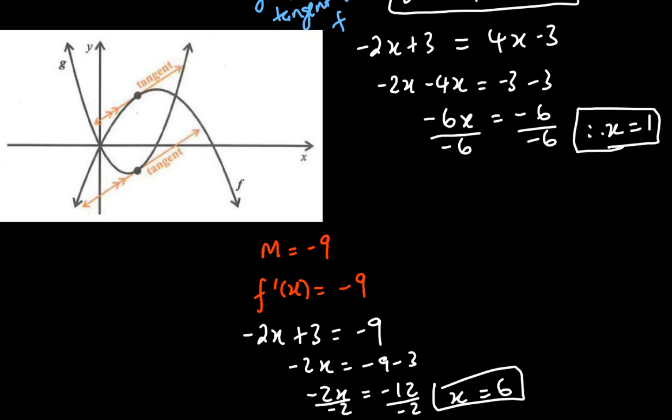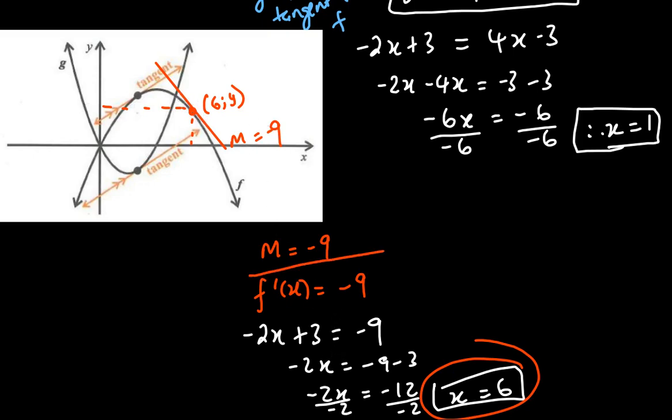At x equals 6, somewhere maybe here, we do not know the y value. However, the tangent at that point has a gradient that is equal to negative 9. That is what this means.